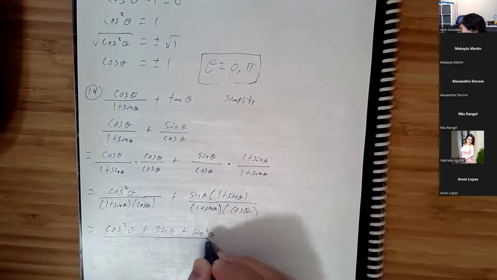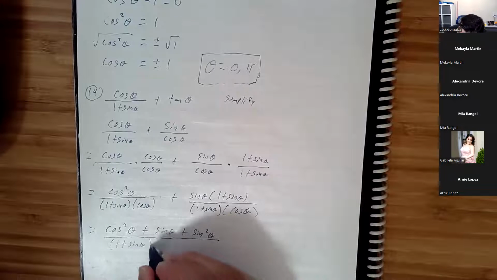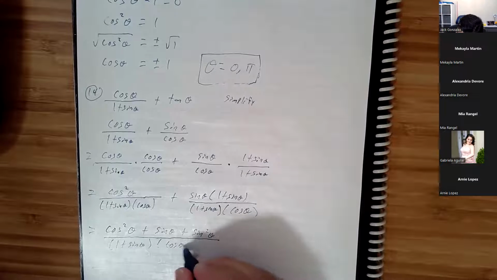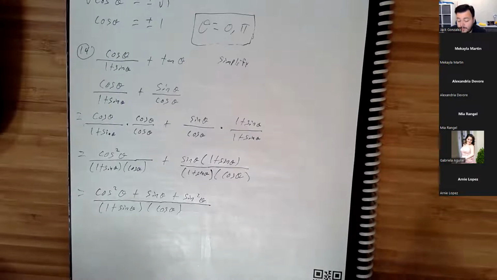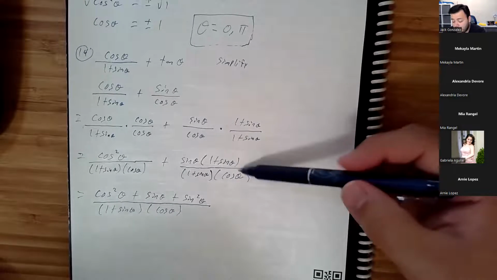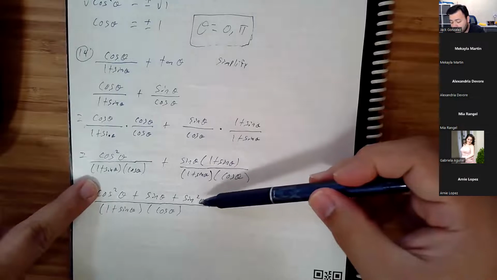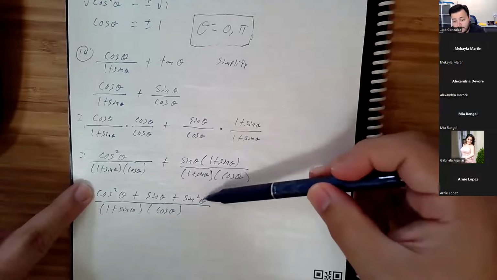Let's skip the minor step there. Right, so we added the fractions. All of this was just adding fractions. And then I multiplied this here. You should see that cosine squared plus sine squared is equal to 1, right?